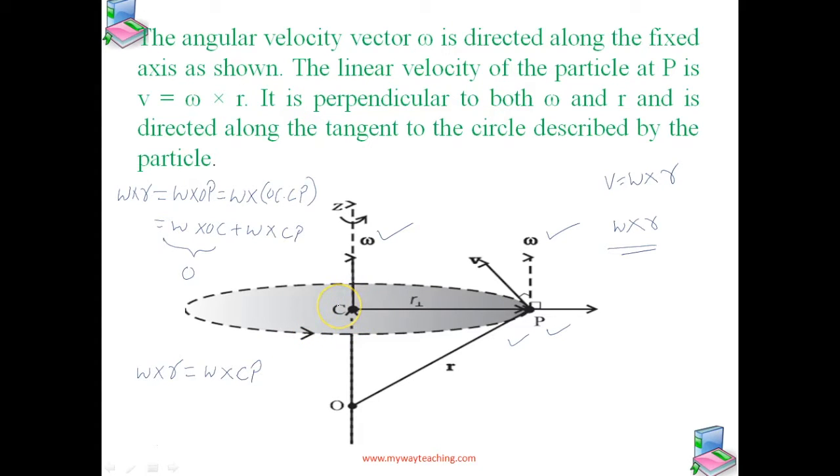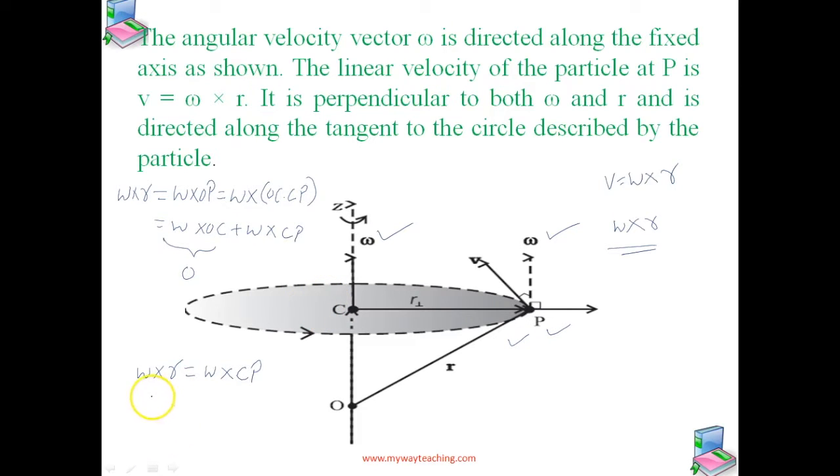So we will get w cross r is equal to w cross CP. So w cross r is a vector of magnitude wr and it is along the tangent to the circle which is described by the particle at P. The linear velocity vector v at point P has the same magnitude and direction.